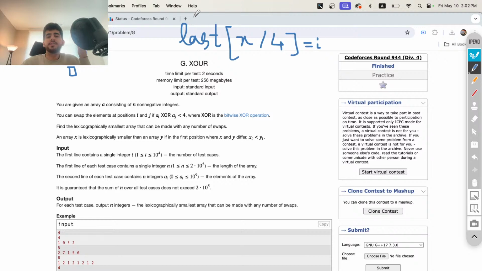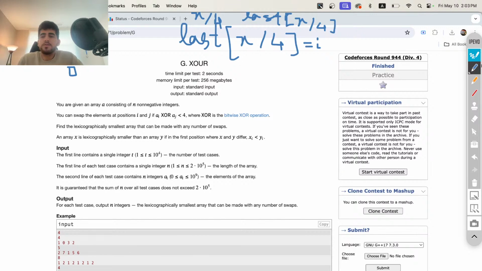Then I can add an edge between the current index and the index of last of x over 4, and save that these are in the same component. Or I can have a map from integer to vector, sort each vector at the end, and put all of them in the indices they were from.